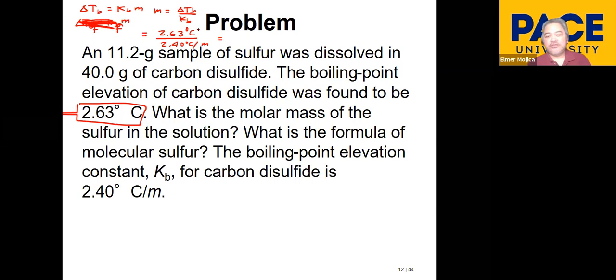So you cancel the Celsius, you're going to have the molal, and that would be equal to what? Around 1 point something, 2.63 divided by 2.40. So that is 1.096. You follow?